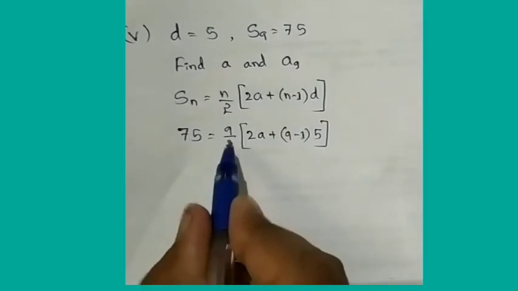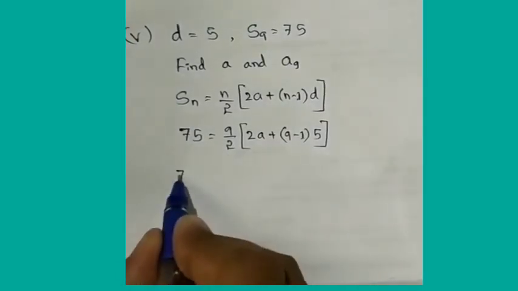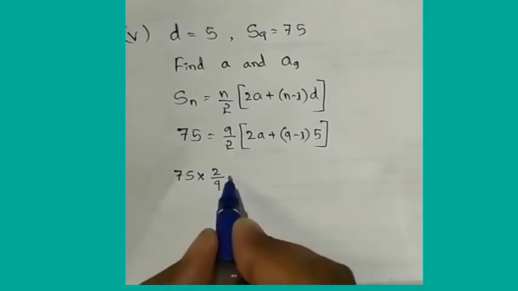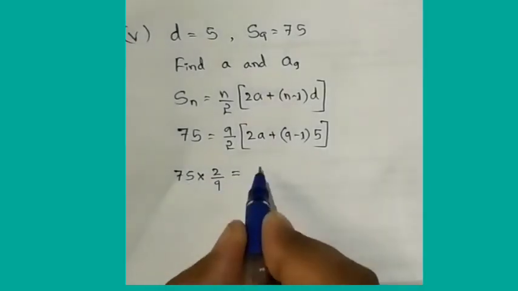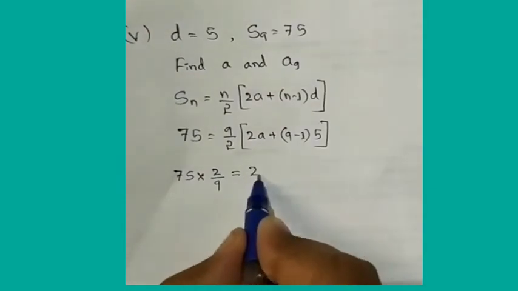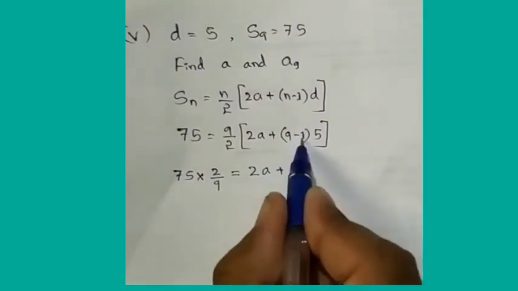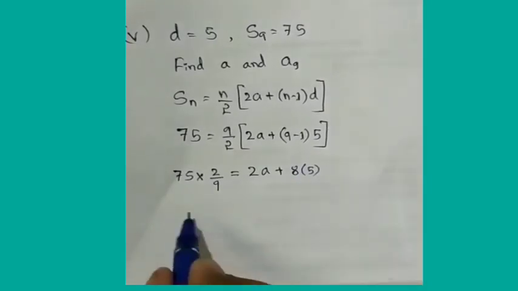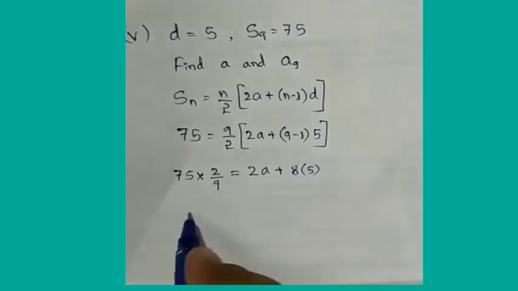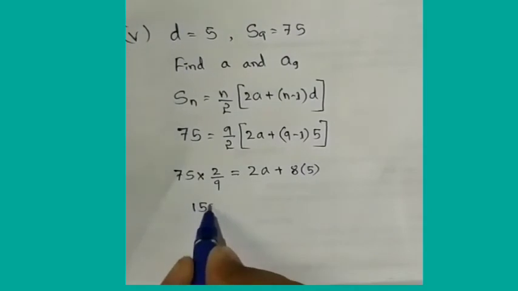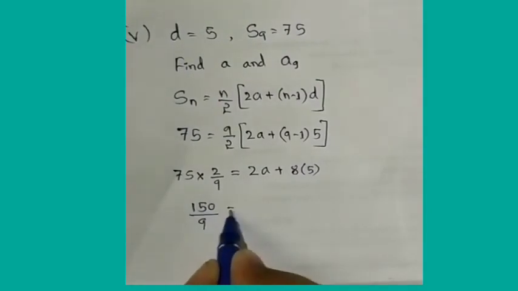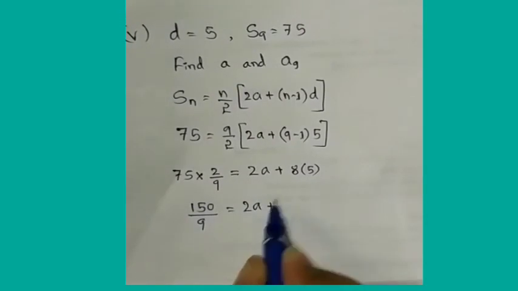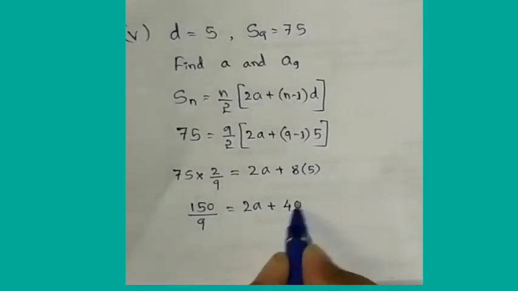So take 9 by 2 to this side, it becomes reciprocal, 2 by 9. So 75 into 2 by 9 equal to 2a plus 9 minus 1, that is 8 into 5. So here 75 into 2 you will get 150 divided by 9 equal to 2a plus 8 fives are 40.